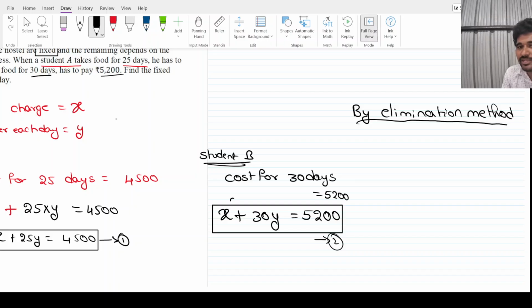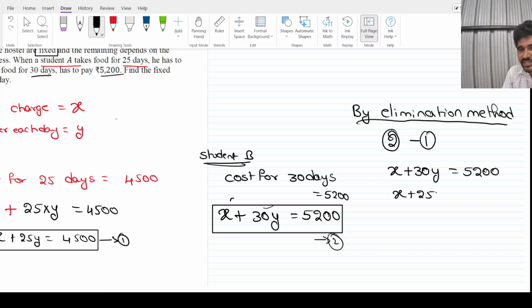What will you tell? 2 minus 1. Why 2 minus 1? 30Y is bigger than 25Y, that's why I am taking it. Your wish. I am not telling any restriction at all. You can see 5200 is bigger, that is also okay. Understand? No problem. What do you have to write? X plus 30Y is equal to 5200.